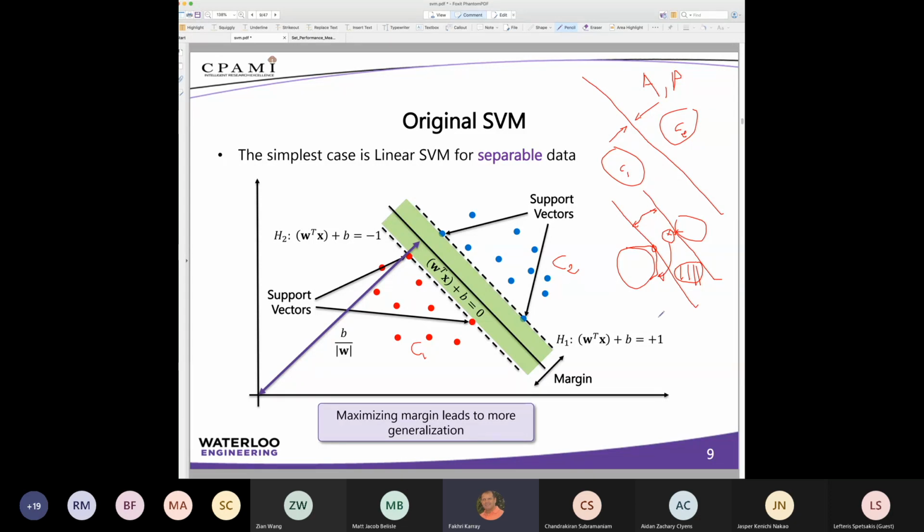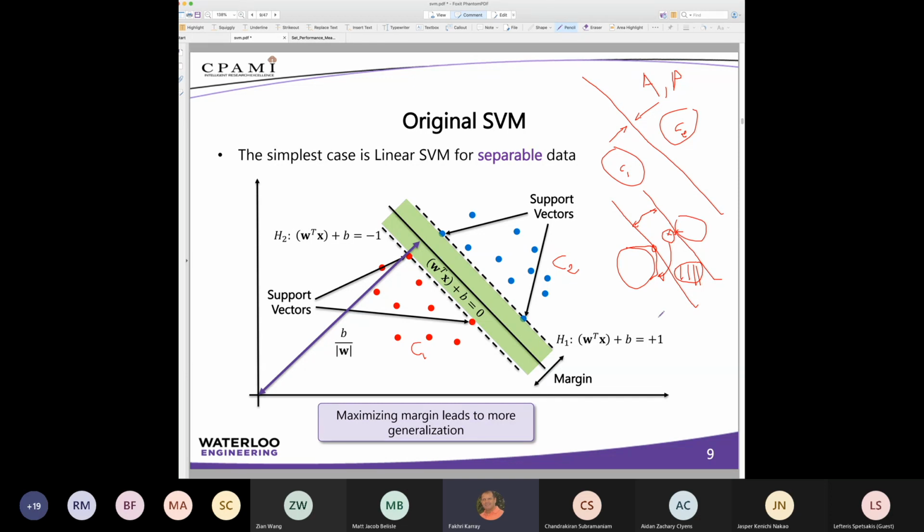However, by creating this empty region of space, like a frontier between two countries to avoid skirmishes or friction between tribes in that region, we create this region and we would like to maximize it. The formulation of the support vector machine is maximizing the margin.